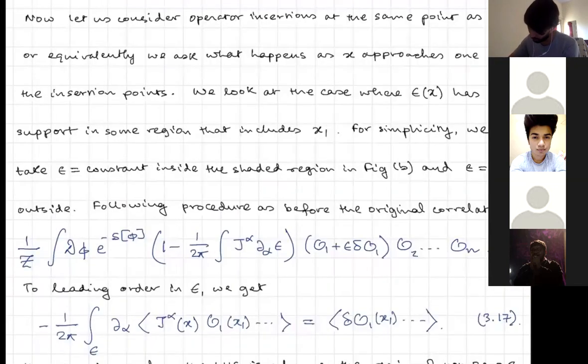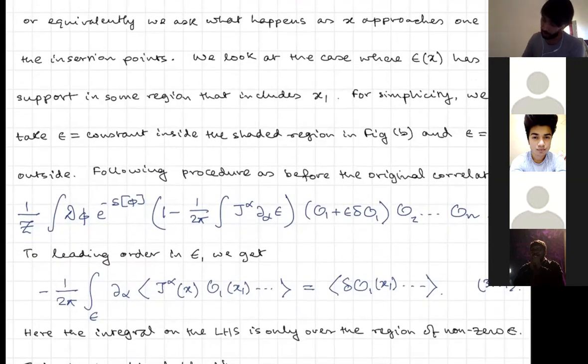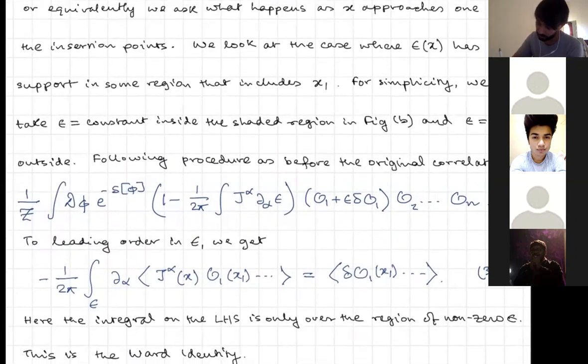So you are doing the integral over this small circle where epsilon is non-zero, and you have pulled this alpha outside, and hence what you have is this correlation function that is equal to del of O1 and the rest of the guys, up to ON.